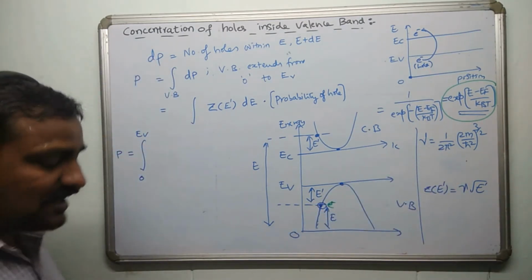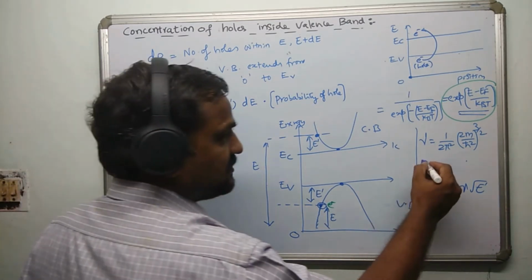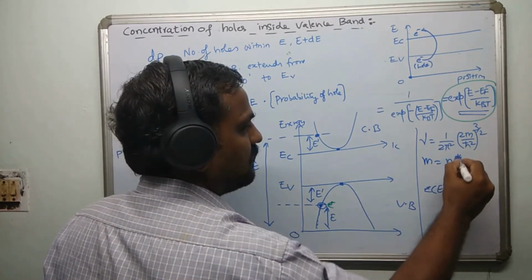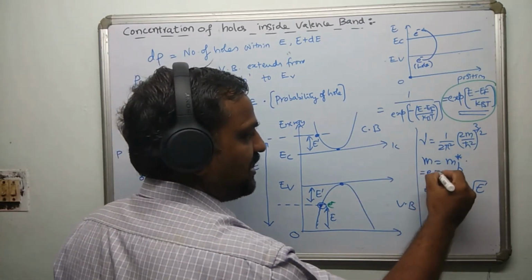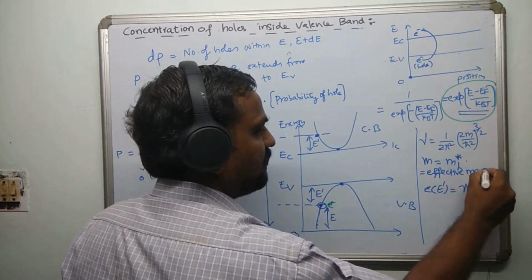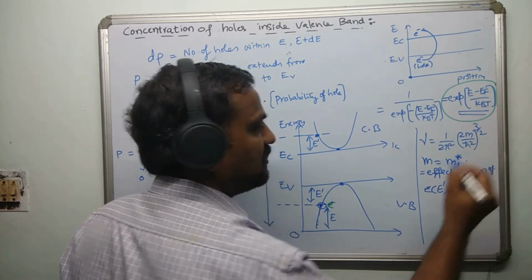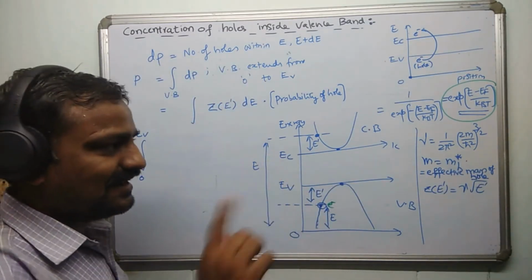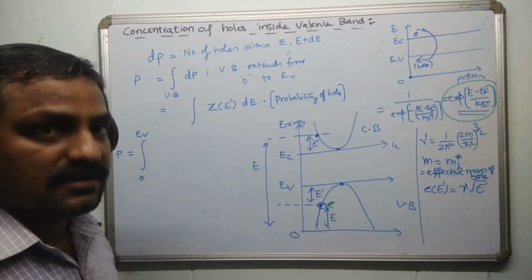And remember, as we are dealing with the hole inside the valence band, this m will be equivalent to mh star, the effective mass of the hole. In the earlier case, we called it ME star, which was the effective mass of the electron in the conduction band.